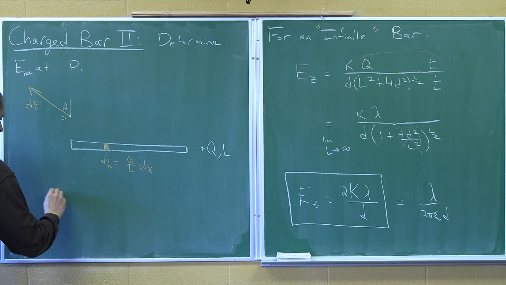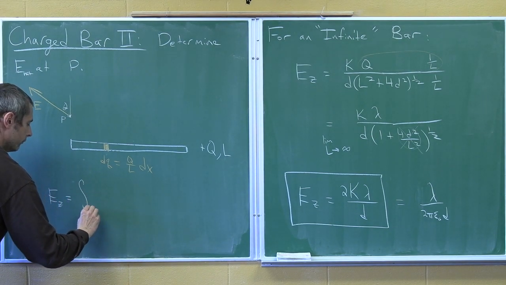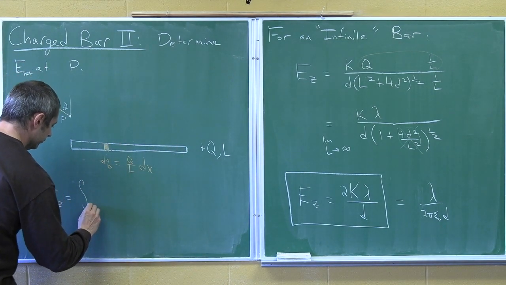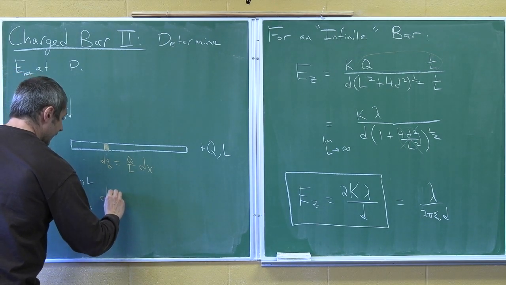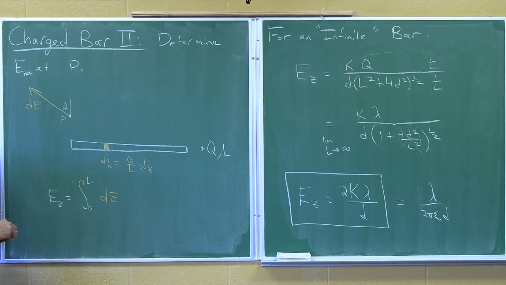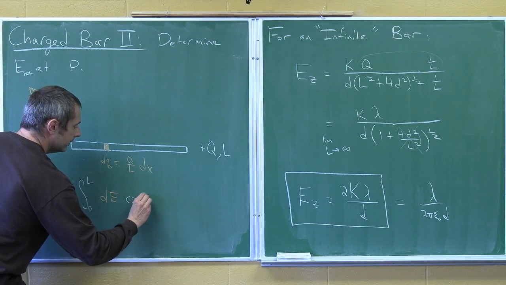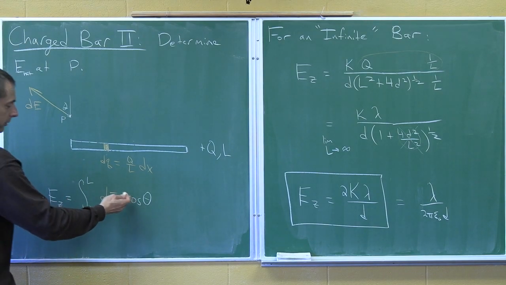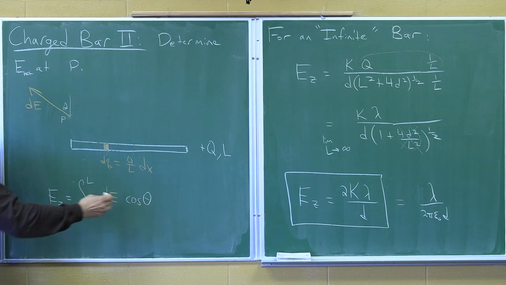So I could say that E in the z direction will be the integral over the bar, and maybe I could call this x equals 0 and that x equals L this time, of the dE vector that I get from kq over r squared. And to find the z component, I am using cosine again. So it's like the details that I already erased. I'd replace this with kq over r squared and this with cosine based on the triangle here with the dimensions, and integrate and solve.